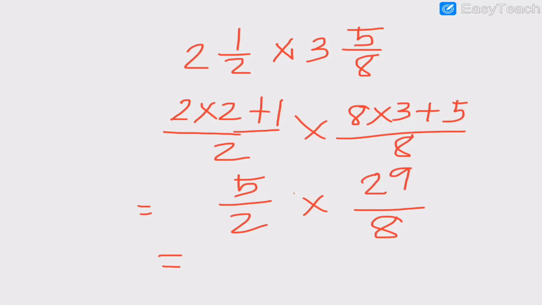So numerator to numerator, denominator to denominator. 5 times 29 is 145. 2 times 8 is 16. It cannot be further simplified, therefore that is the final answer.